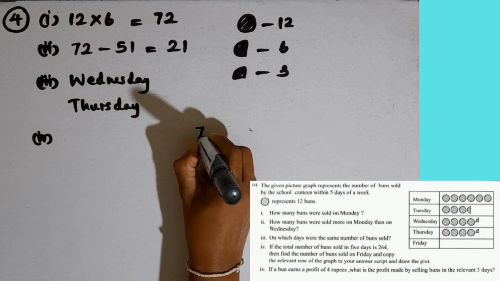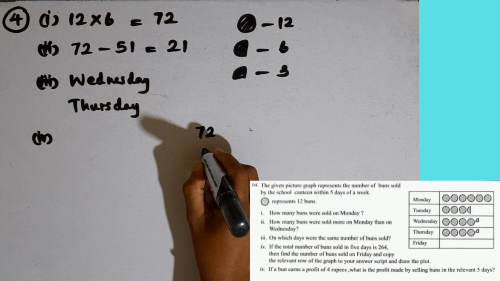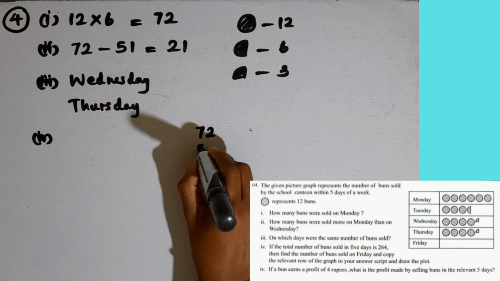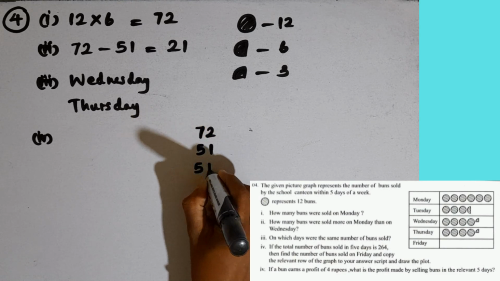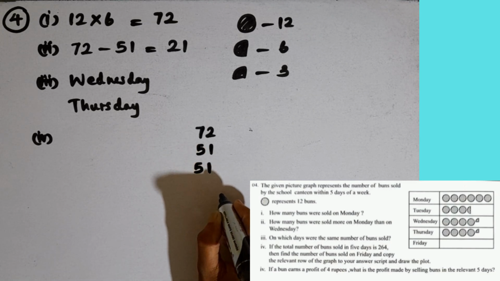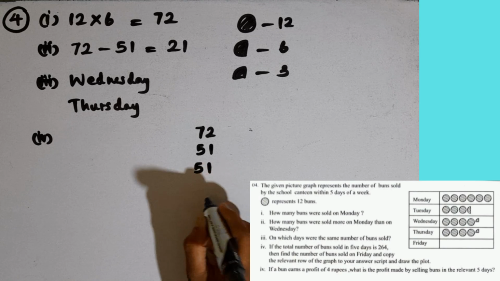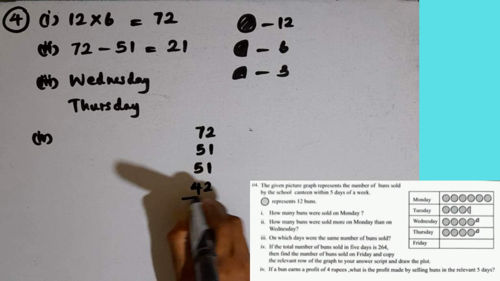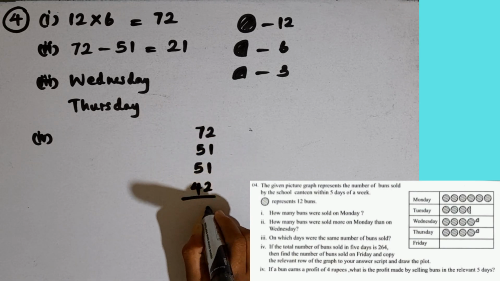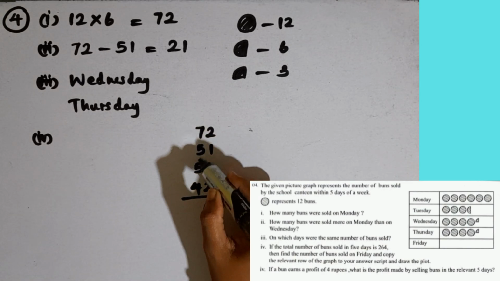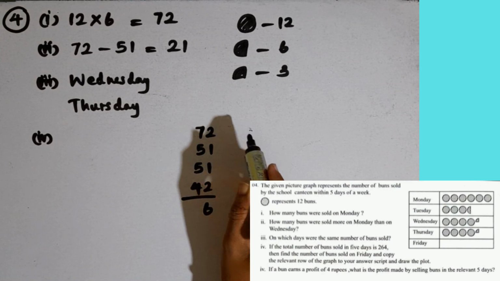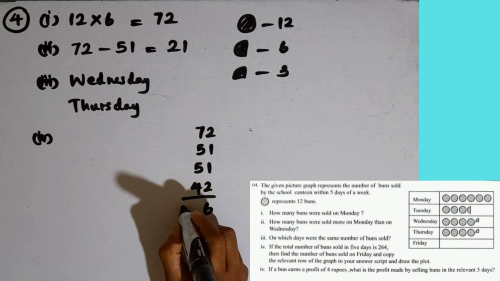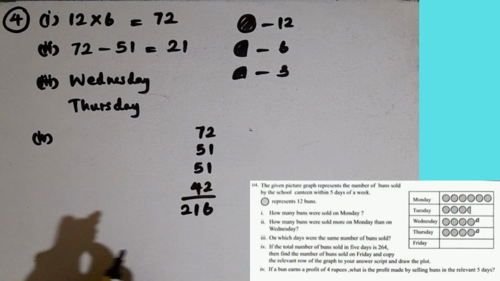Then Wednesday and Thursday the same, 51 and 51. Then Tuesday, 3 and a half. 12 times 3 is 36. 36 plus 6 is 42. You have to take the addition here. 6. Then 10 plus 7 is 17. 17 plus 4 is 21. 216.